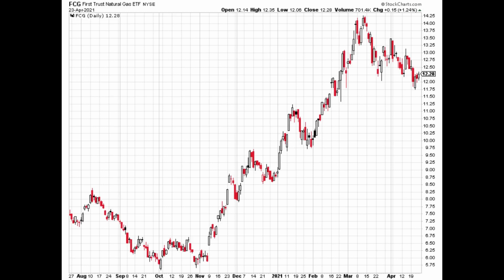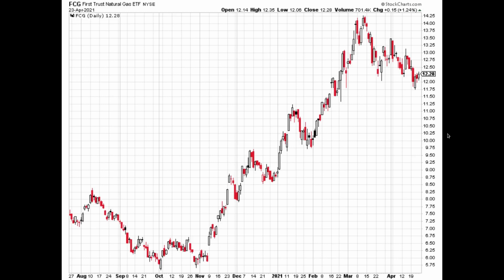Keep in mind, it's a long-term opportunity, which means the price can easily drop to $11, maybe even $10. I don't know. Even if it drops to $9 or $8, it would still be in a long-term uptrend. Frankly, I don't expect the price of this ETF to fall that low, but it can happen.